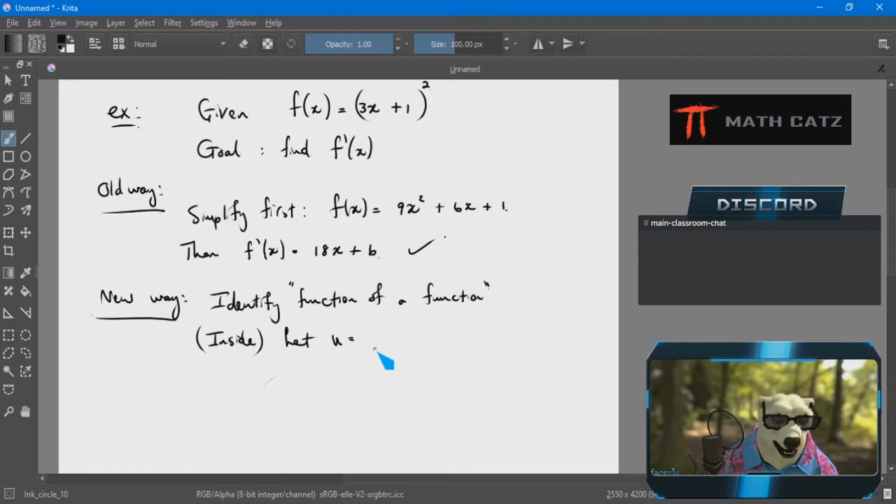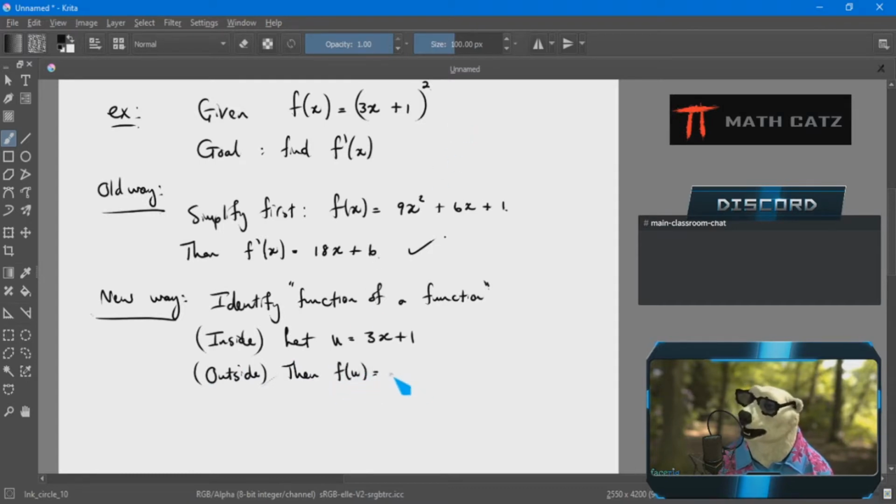I could have chosen any symbol, which is the obvious 3x plus 1, because the brackets sort of give it away. There's not much choice there. Once I have made that decision, the outside function is kind of fixed to go with it in order to get my original function back. I have no choice. I have to have a u squared.